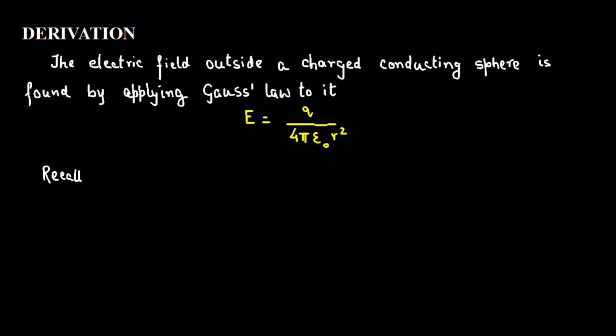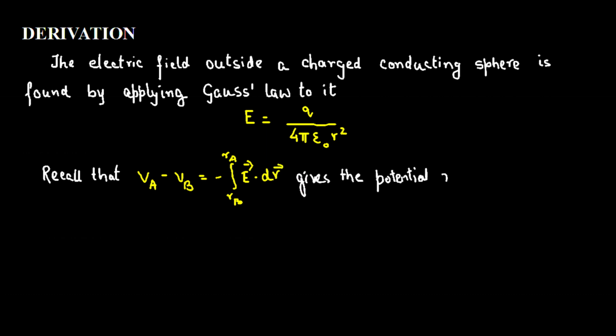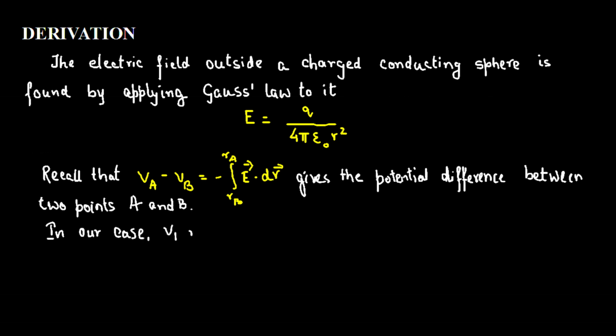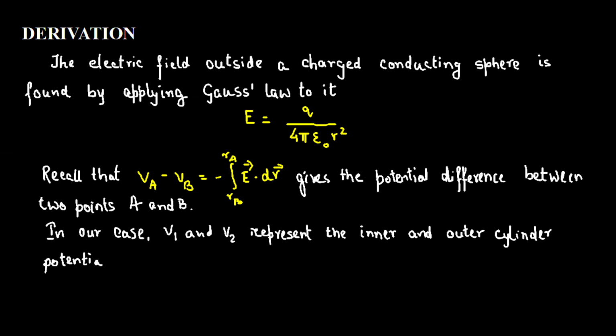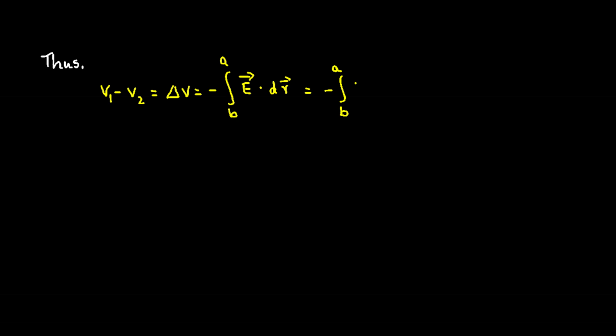Recall that VA minus VB equals negative integral E dot dr with limits going from RB to RA, which gives the potential difference between 2 points A and B. In our case, V1 and V2 represent the inner and outer sphere potentials respectively. Thus, V1 minus V2 equals the change in potential, which is given by negative the integral E dotted with dr vector with limits going from B to A.